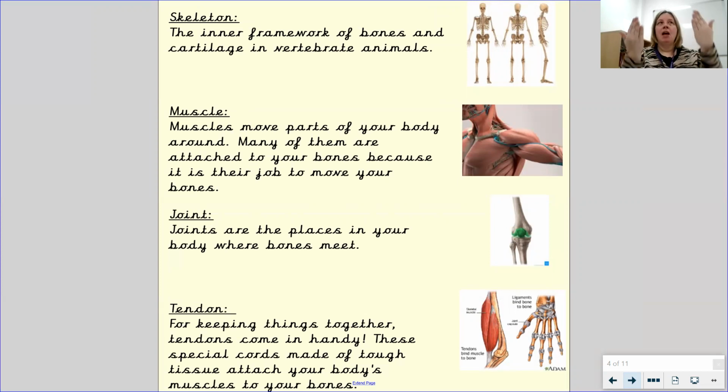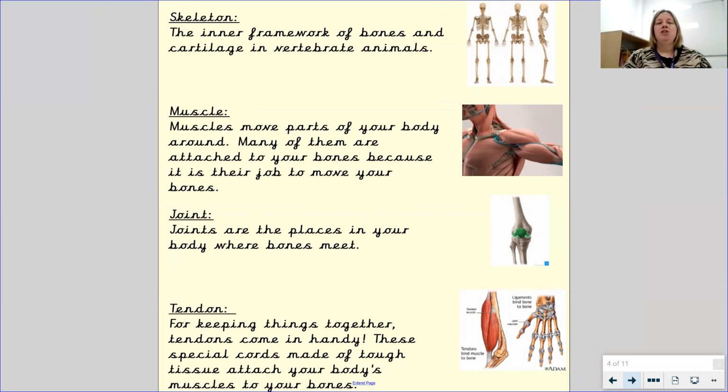Muscle. Muscles move parts of your body around. Many of them are attached to your bones because it is their job to move your bones. Joint.